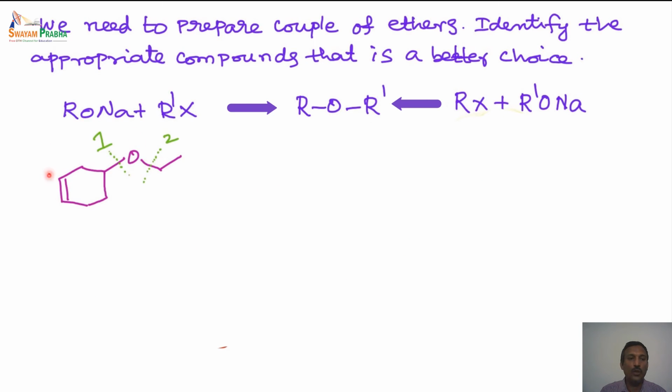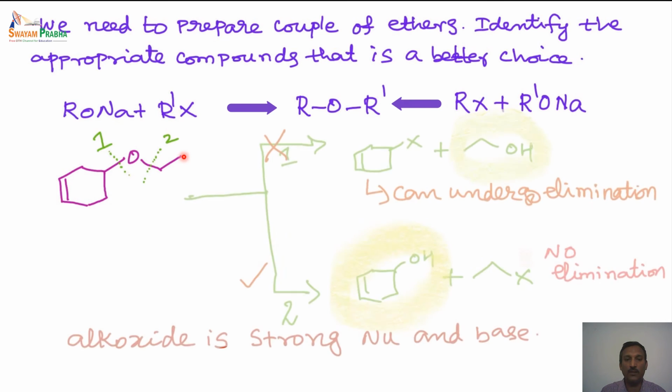Now, if we look at this particular compound, the cyclohexyl unit and the ethyl unit, we have two ways of forming the ether bond. That is, there is a carbon here, a C-O bond. There is also a carbon here and oxygen, so there is another C-O bond. So between these two C-O bonds, breakage of one produces one set of starting materials, breakage of two produces another set of starting materials.